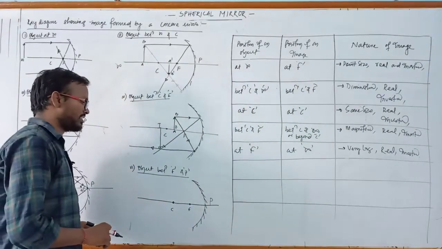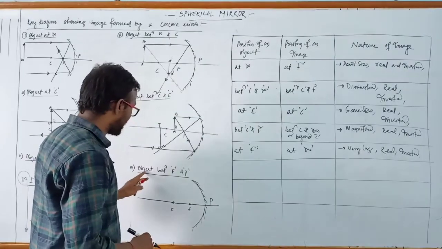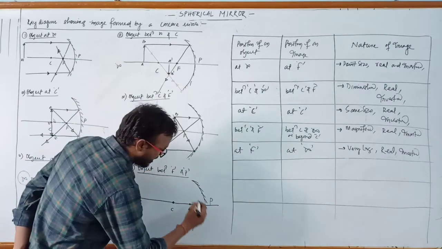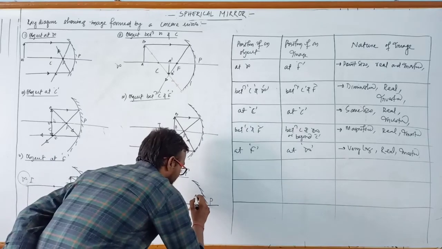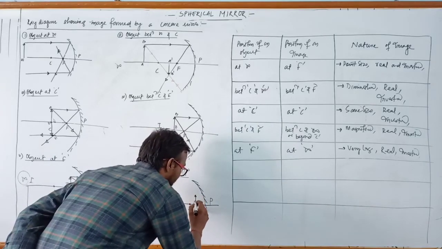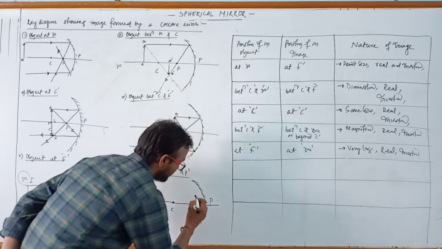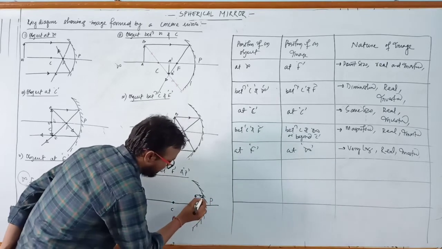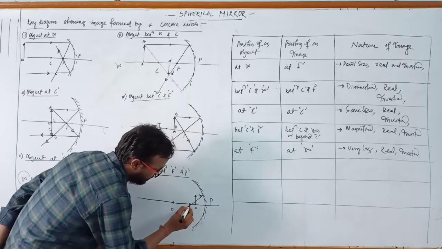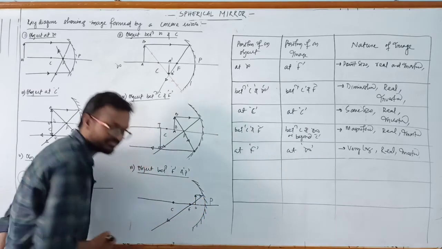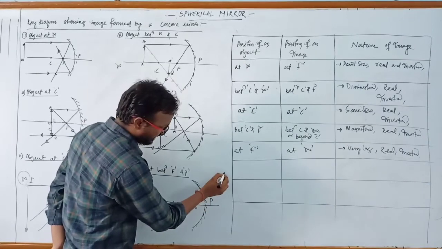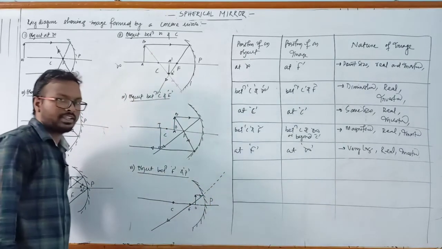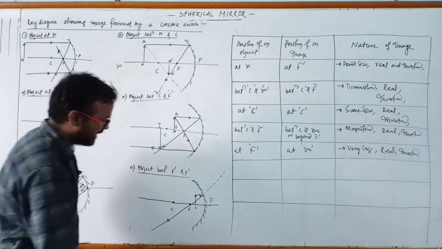Clear? Last case, which is an important case, here the object is placed between F and P. Here F and this point P. Suppose there is an object here. This is object O, and the ray which starts from this point, after incidence, this ray passes through the focus point like this. If we produce the ray, then this is the produced ray at the back side of the concave mirror. Clear?